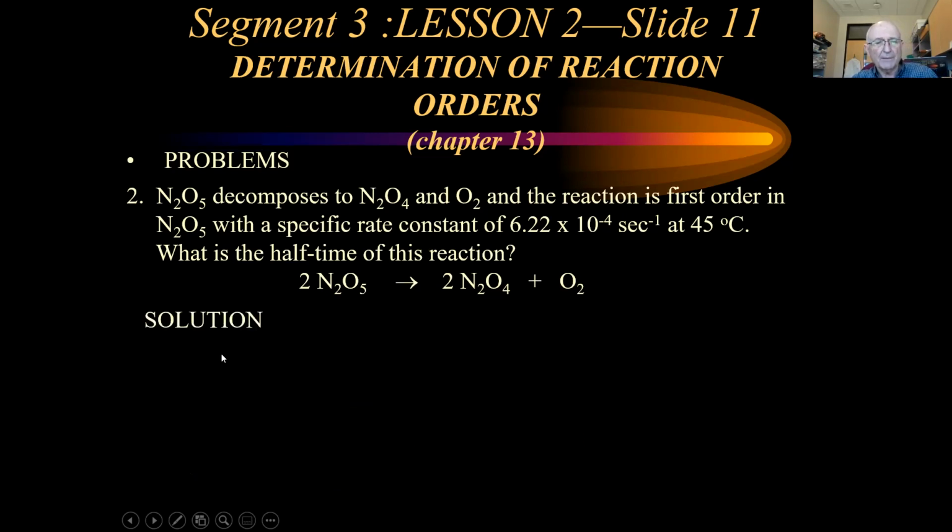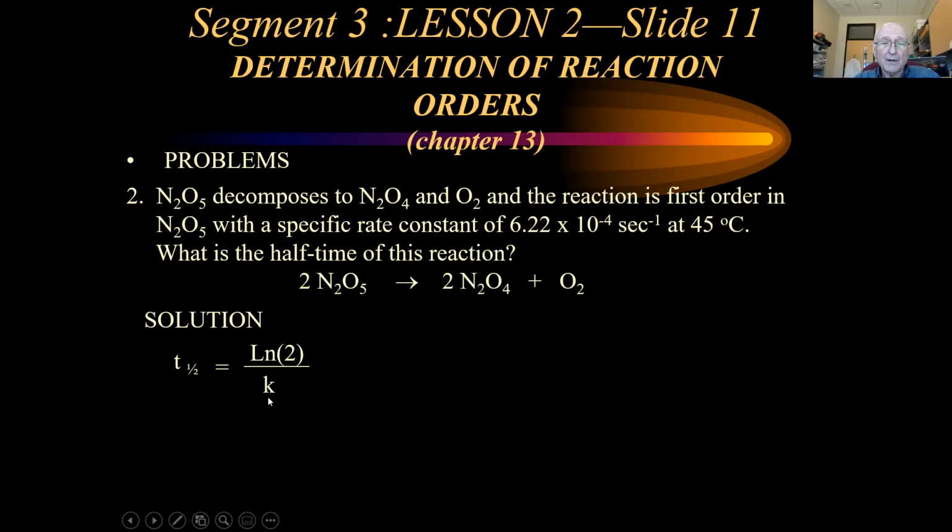What is the half-time? Well, now the half-time, you can rewrite it like this. And it's an easy calculation you do. You just get the concentration at time 0, let's say it's 1. Concentration at half-time is 0.5. So you're going to take the log of 1 over 0.5 divided by k. That gives you log of 2.